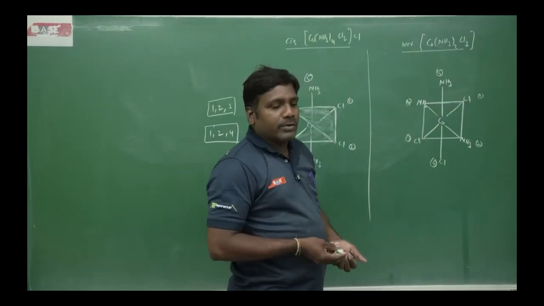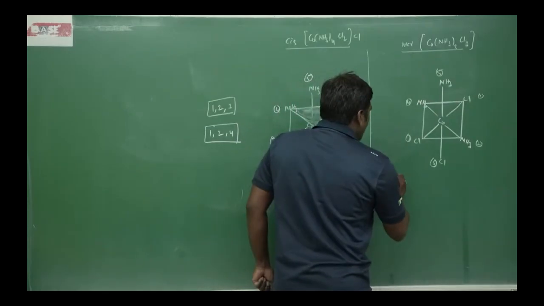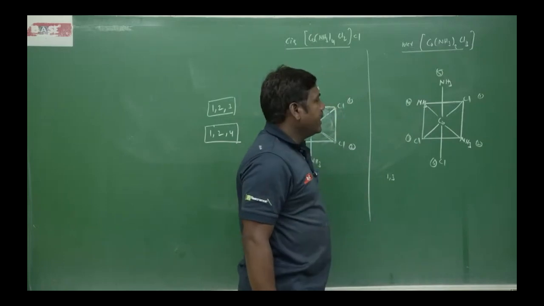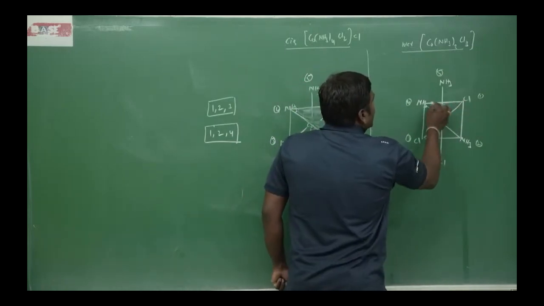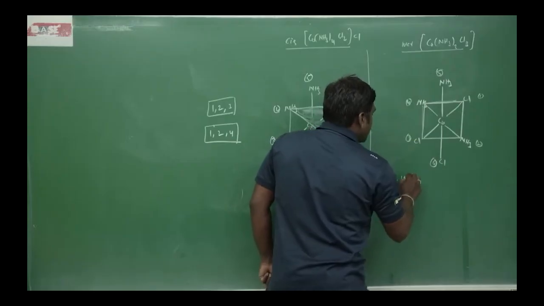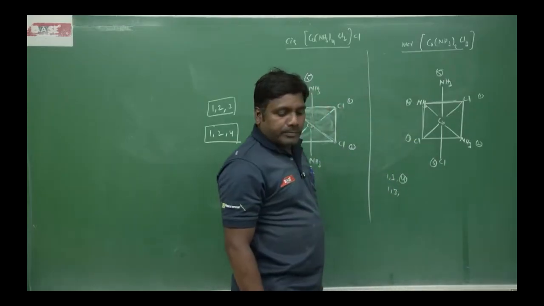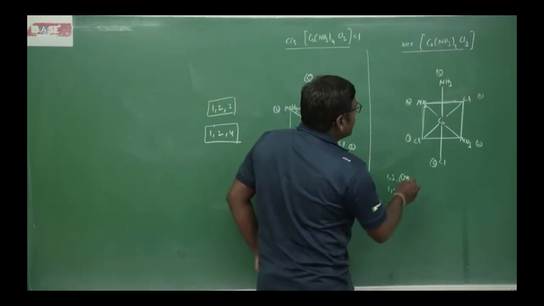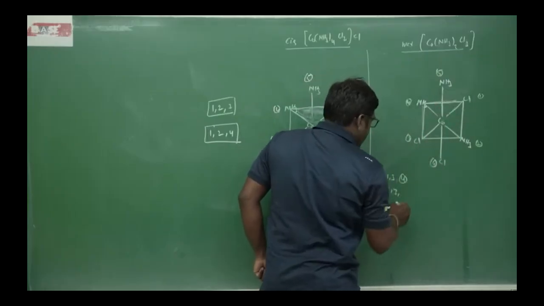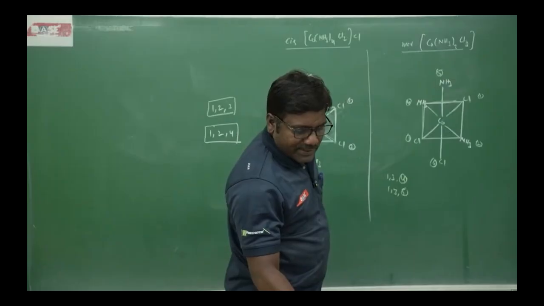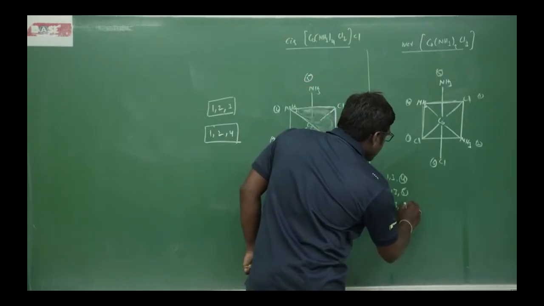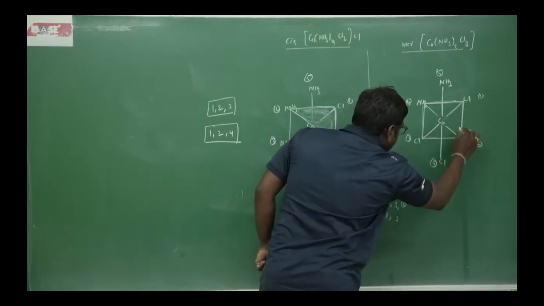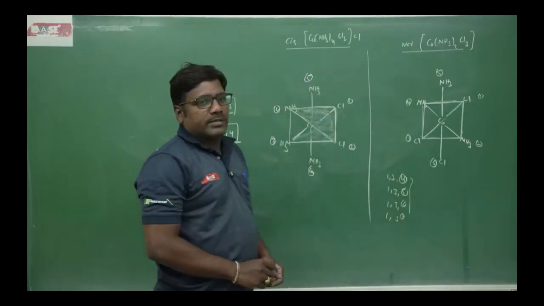So here 2 chlorine atoms, 1, 3 you have to take, 1 comma 3, and 1 nitrogen atom means this one will come: 1, 3, 4; 1, 3, 5; 1, 3, 6; and 1, 3, 2, this one 1, 3, 2. So total 4 faces are there, right?